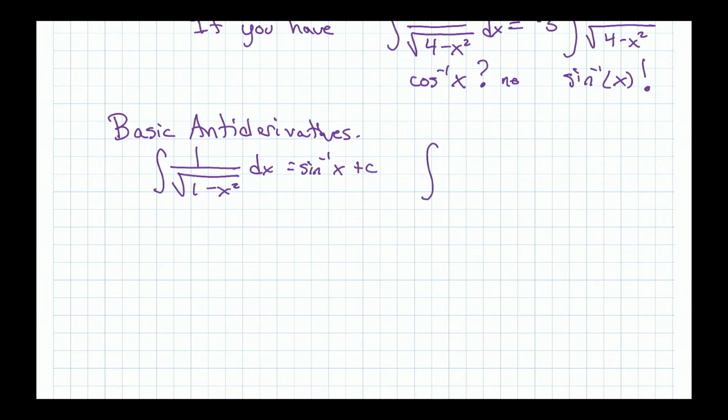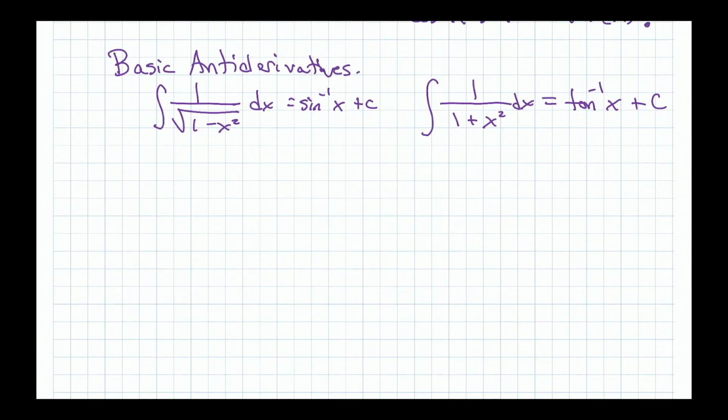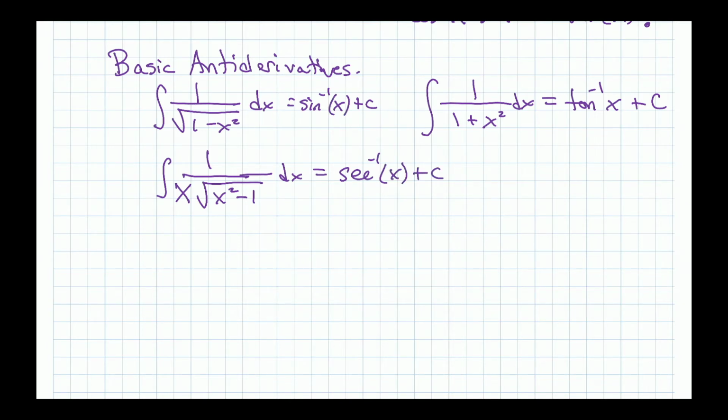The antiderivative of 1 over 1 plus x squared dx is going to be tangent inverse x, if you remember. And the third one is secant: the antiderivative of 1 over x square root x squared minus 1 dx is going to be secant inverse x plus c. Okay? And so those are your basic antiderivatives.